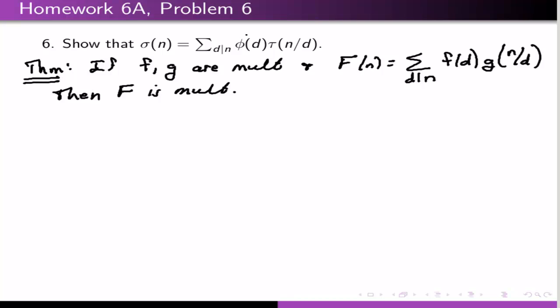So phi is multiplicative, up there. Tau is multiplicative. So we have exactly a function of this type. And so now all we need to do is evaluate it at a prime power. So again, you're going to formally just define capital F of n. So use the colon to say, let's define it to be this sum.